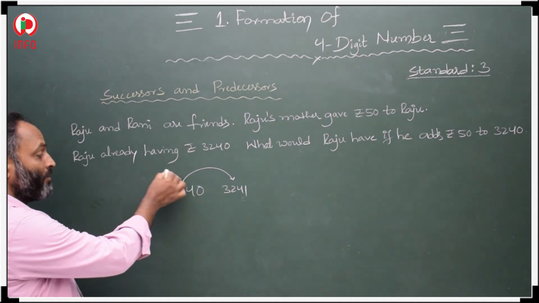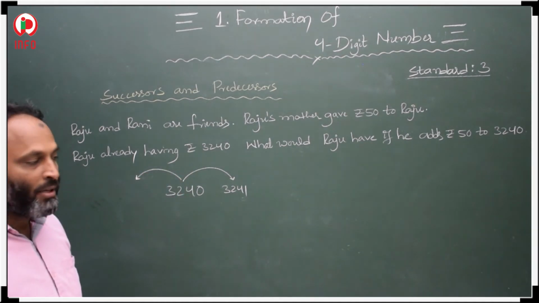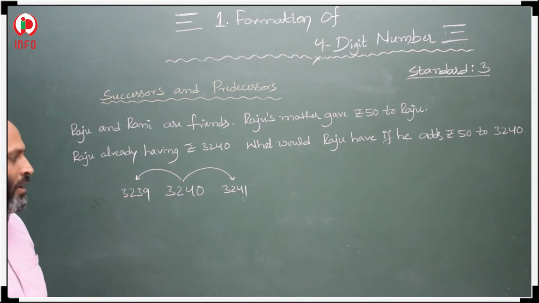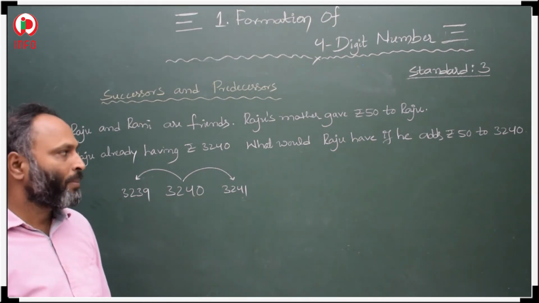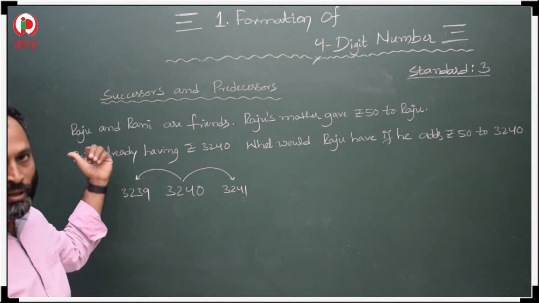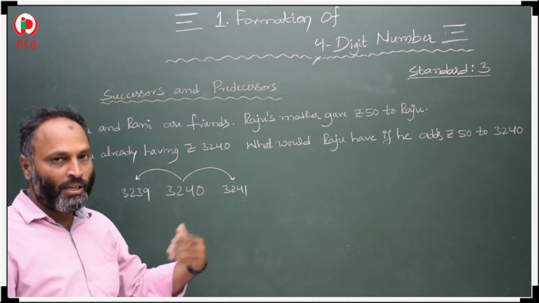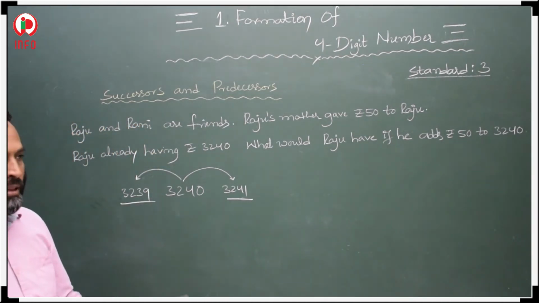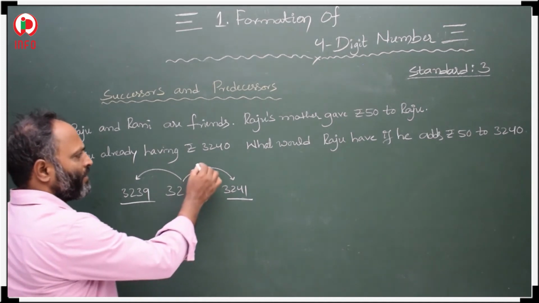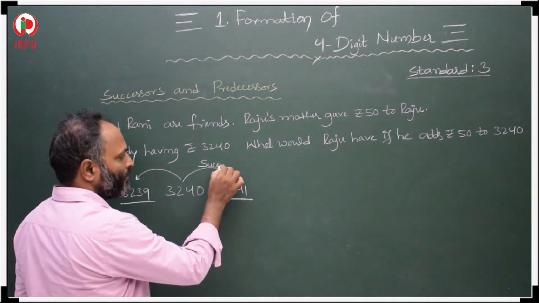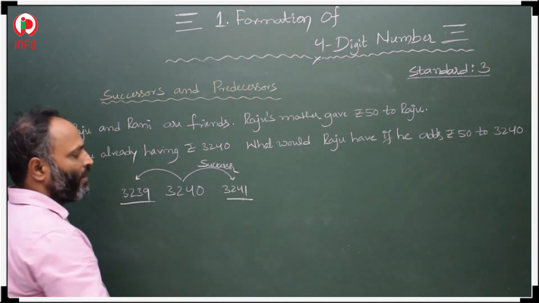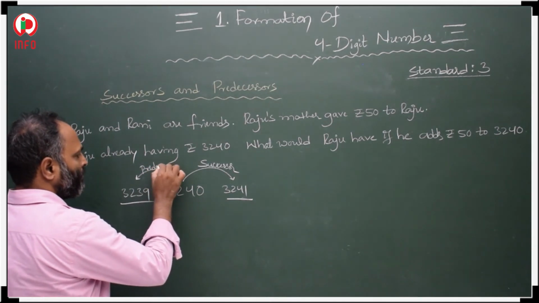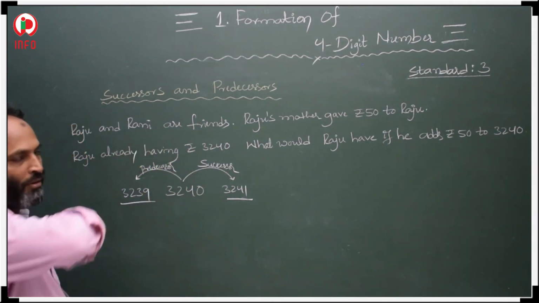And predecessor means the number before, so 3,239. This is the before number: 39, 40, 41. Successor means the very next number, and predecessor means the before number.